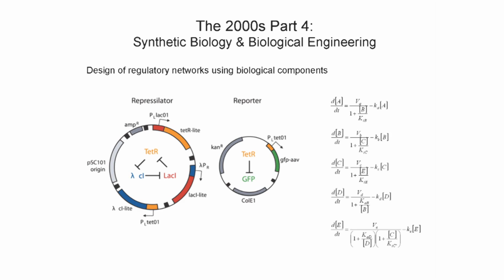An example would be the so-called repressilator, where you have a network of three transcription factors, each represses the other, and then one of them represses GFP. You put these into bacteria, and it causes oscillations in GFP expression that are described by these differential equations here. And some of the modeling approaches used in synthetic biology will be covered by Professor Frankel and Professor Laubenberger later.